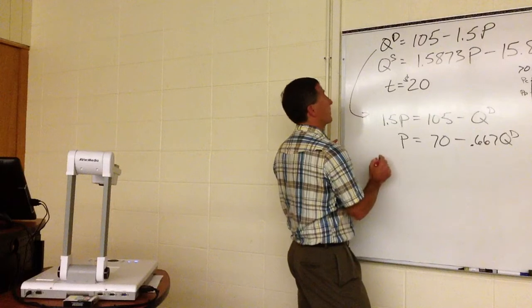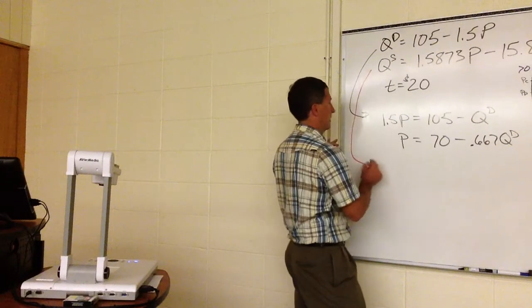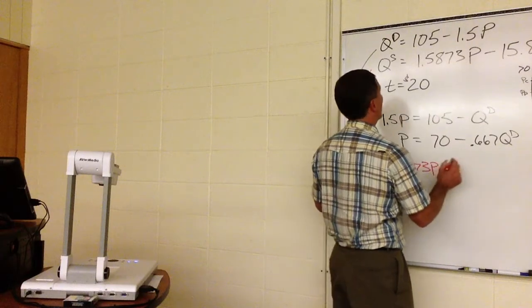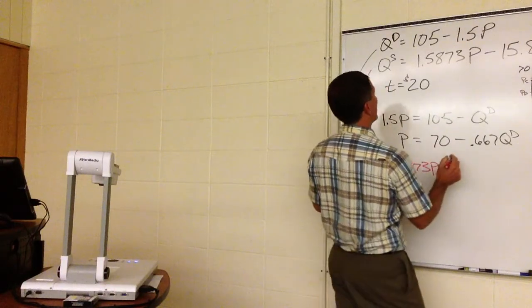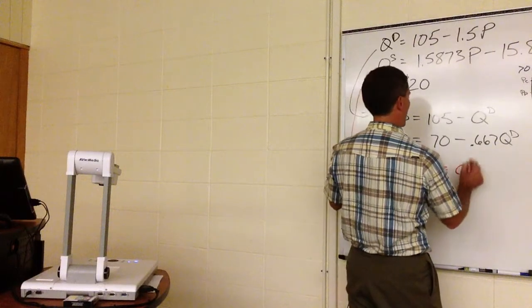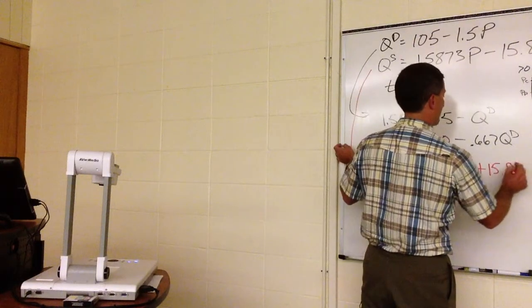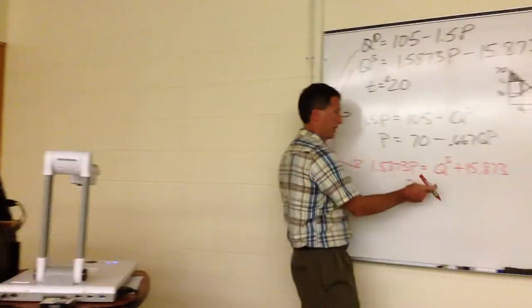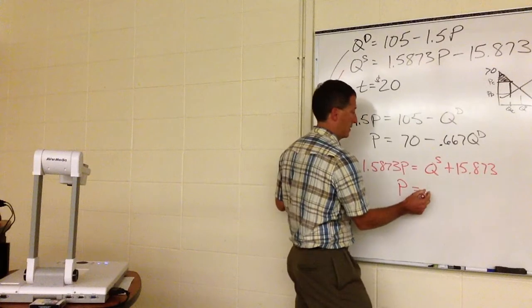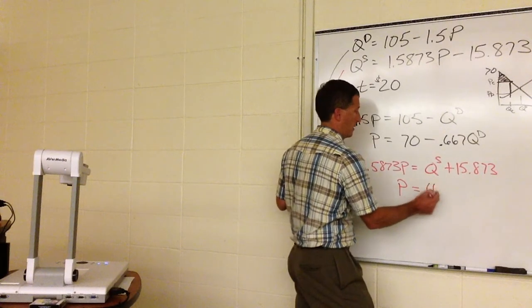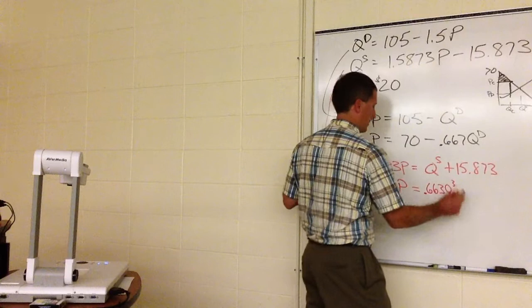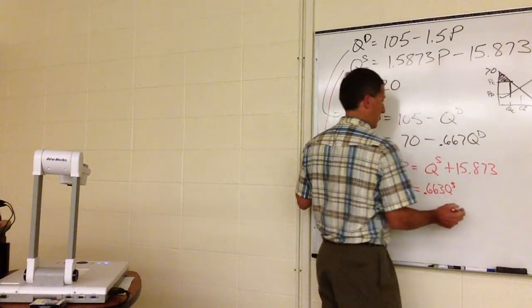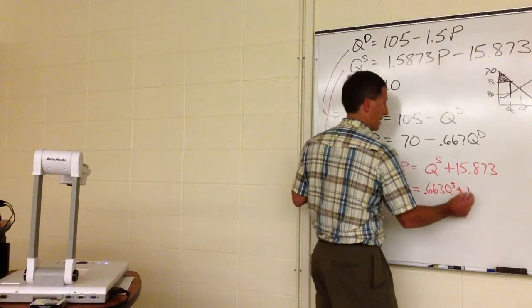So now we've got an inverse supply of 1.5873 P equals QS plus 15.873. P equals, and help me out here, 0.63 QS plus 10.